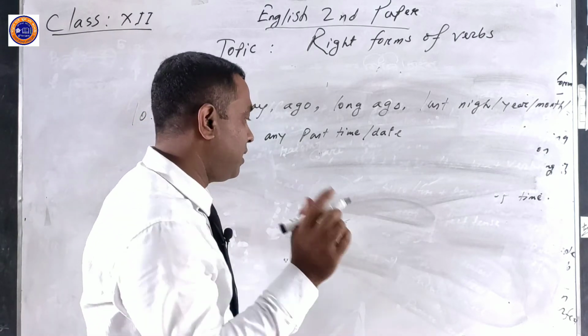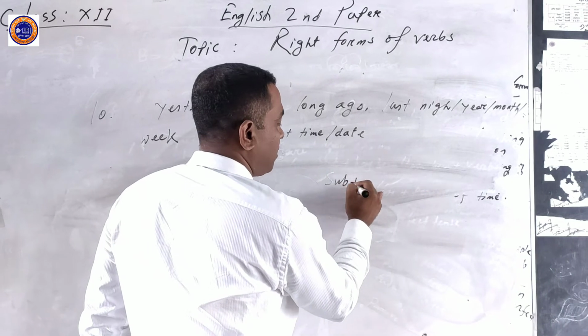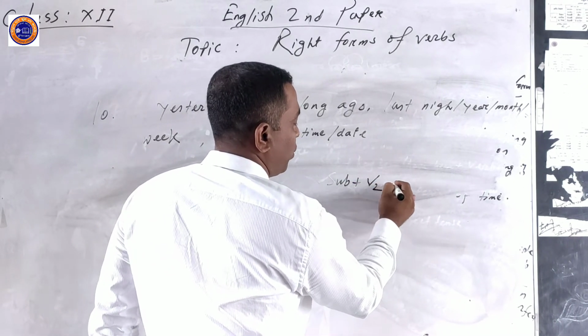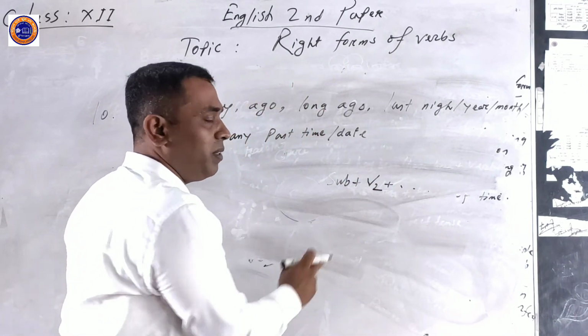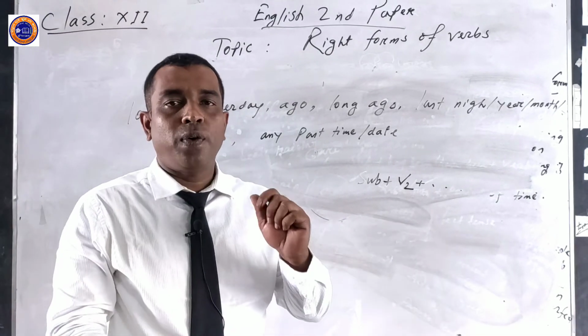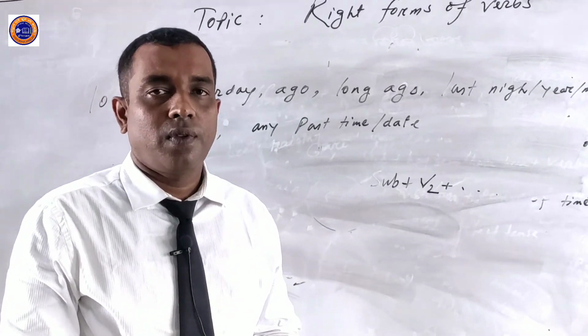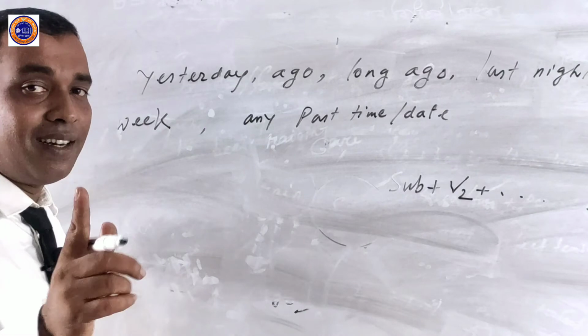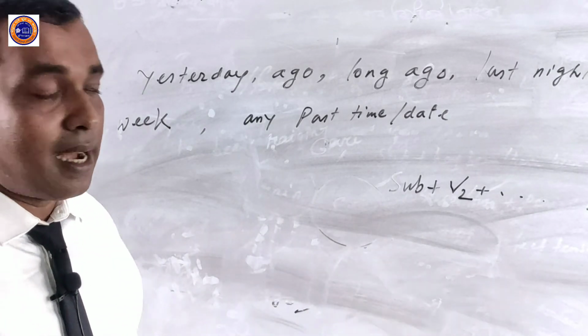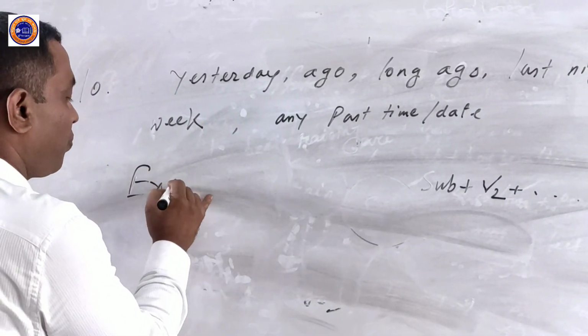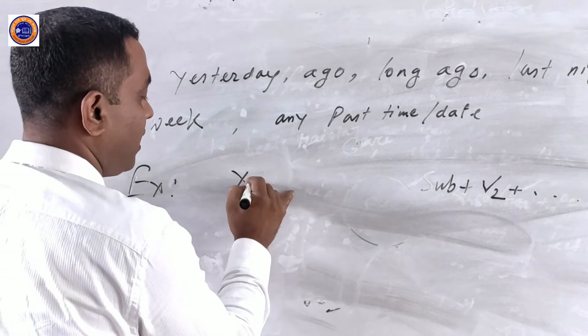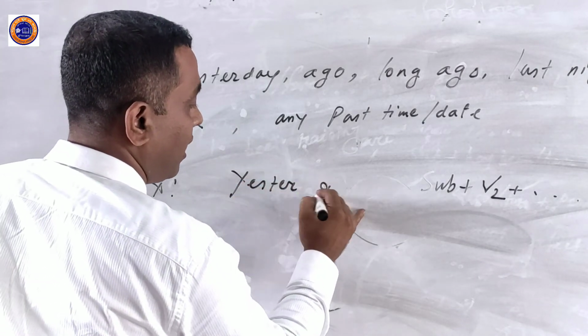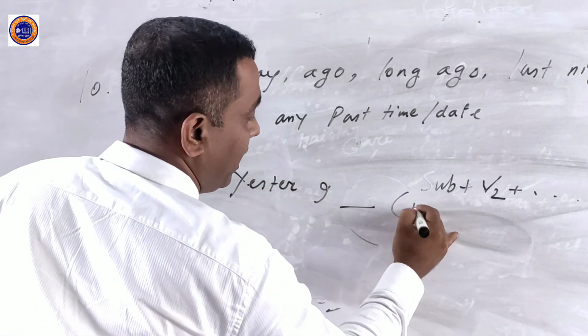What is the structure of past indefinite? That is subject plus V2. V2 means the past form of the verb. For better understanding, I am going to give you an example. Yesterday, I dash be ill.